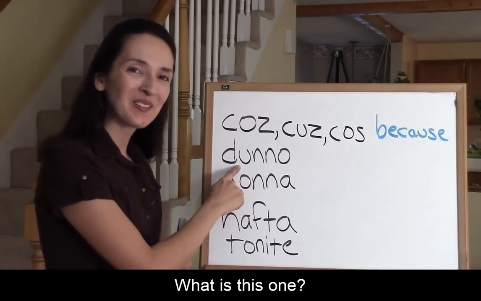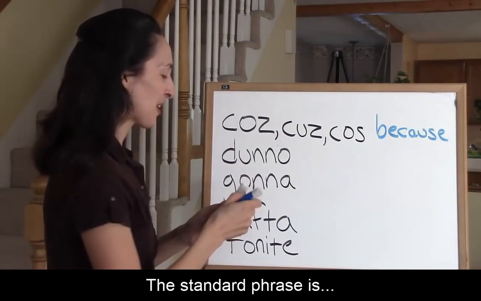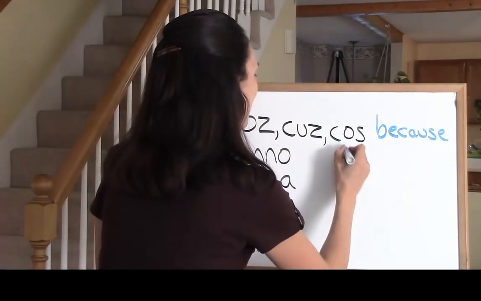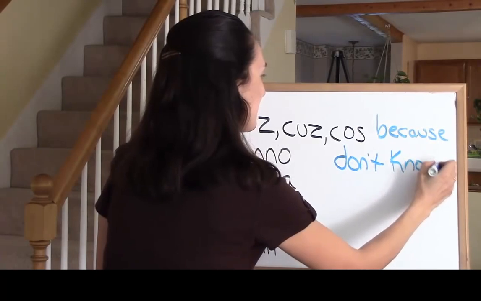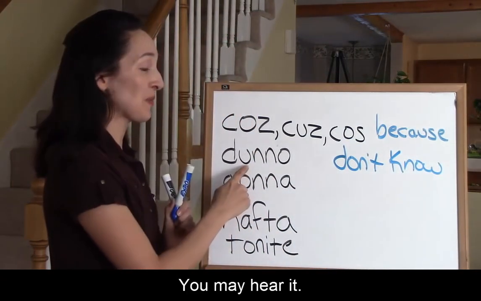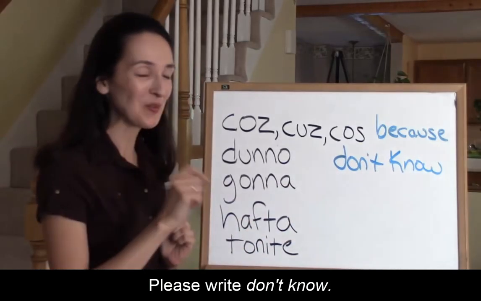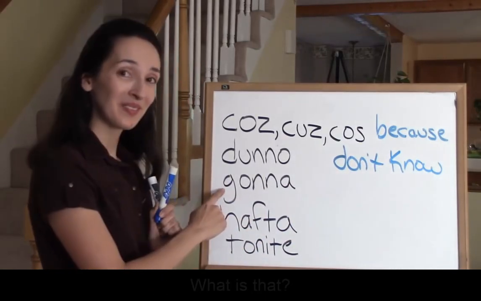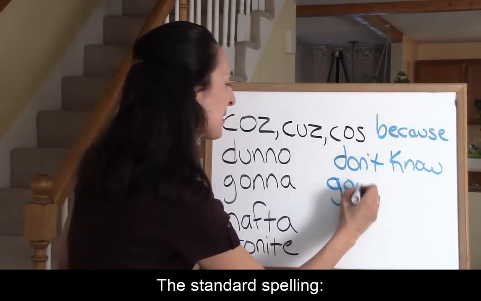What is this one? I don't know. The standard phrase is don't know. Now, I don't know. You may hear it. You may say it. Please write don't know. What is that? The standard spelling?